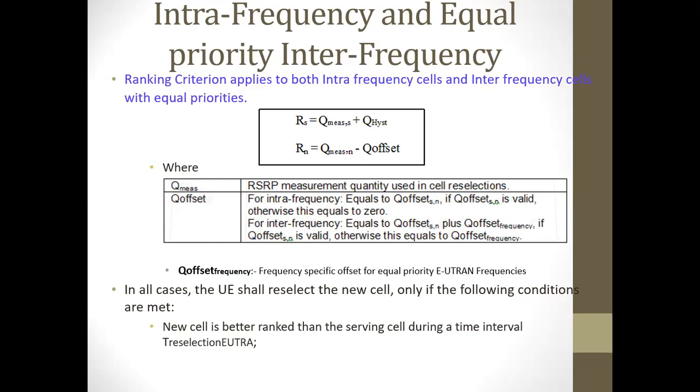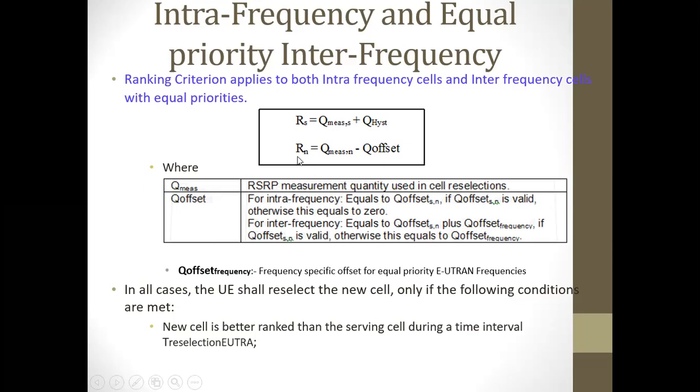Now for the serving cell, you calculate something called ranking Rs by adding a value Q hysteresis to your RSRP. RSRP comes from your measurement. This Q hysteresis is also given in the SIB.